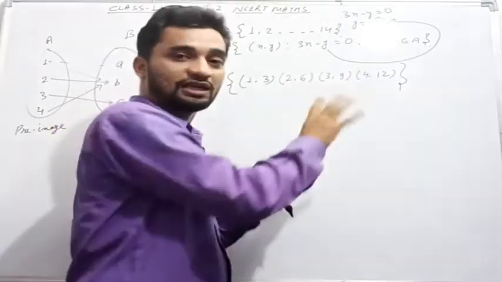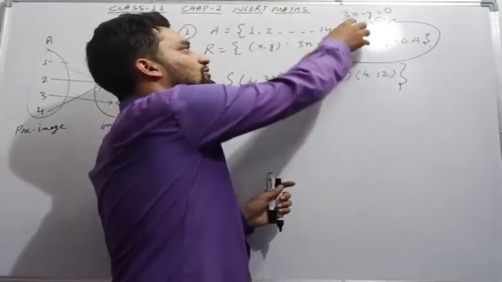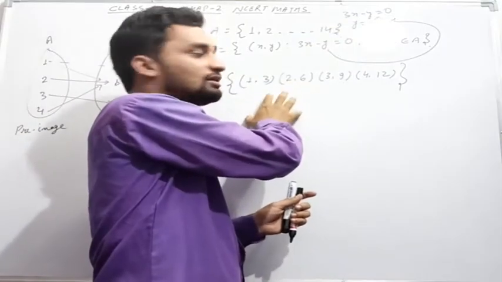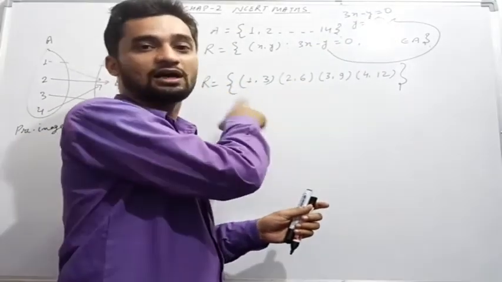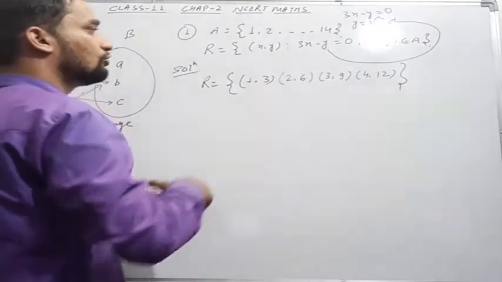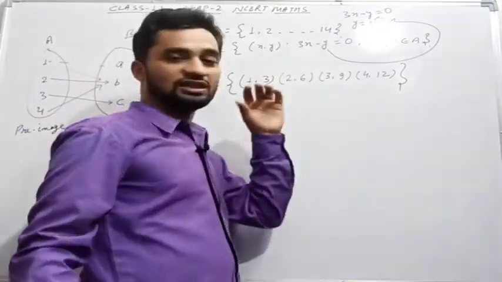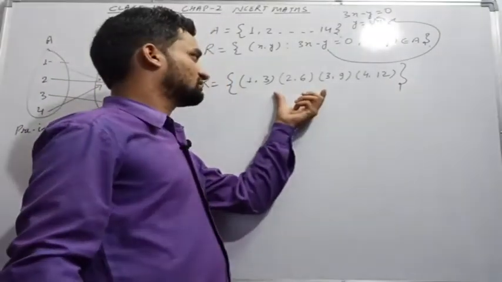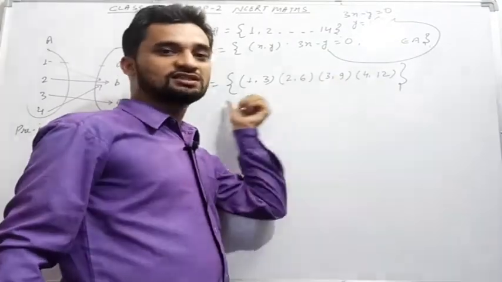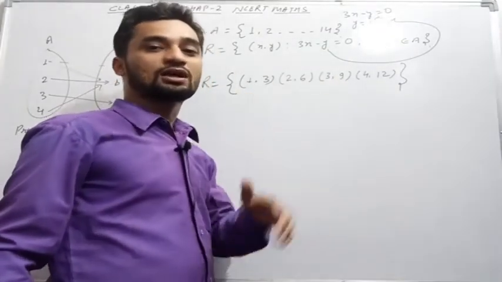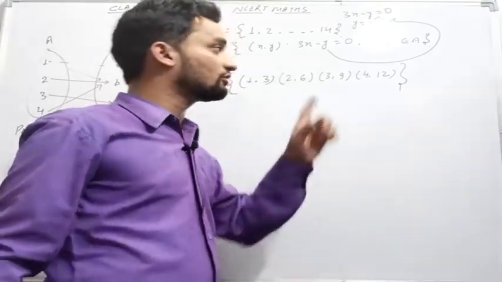That's why we are not writing them all here; we directly put the condition and get set R. So the Cartesian product must contain these elements. Don't worry, this R is a subset of your Cartesian product, that is A cross A, for this question.